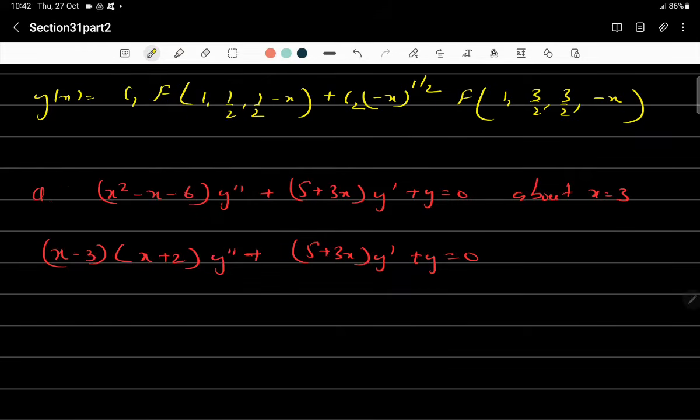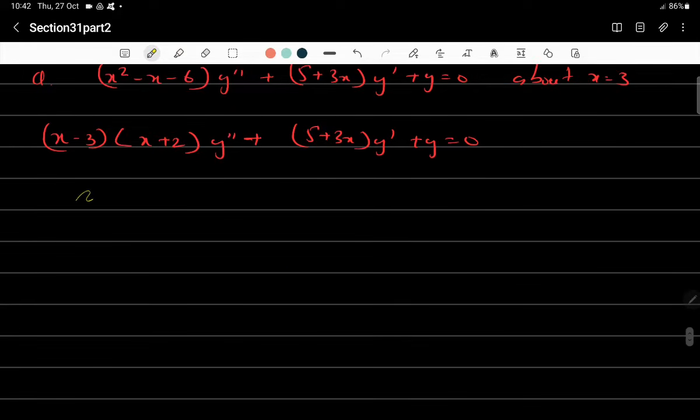Now again I have both the choices for a and b. So if I choose a is equal to 3 and b is equal to minus 2, then my t is (x minus 3) by minus 5, or I can write x is equal to minus 5t plus 3.